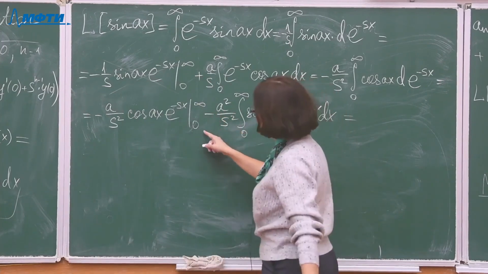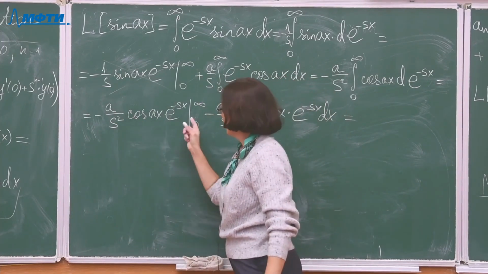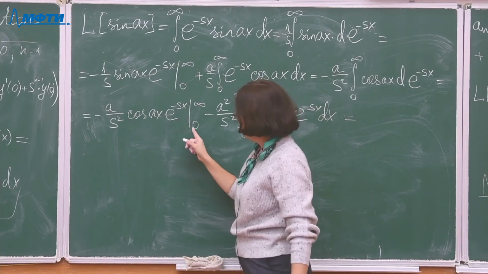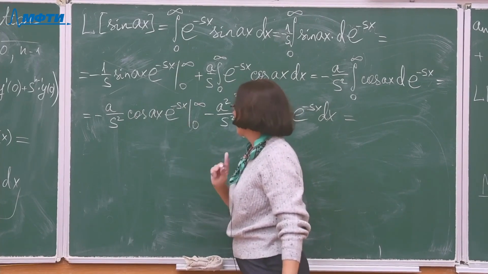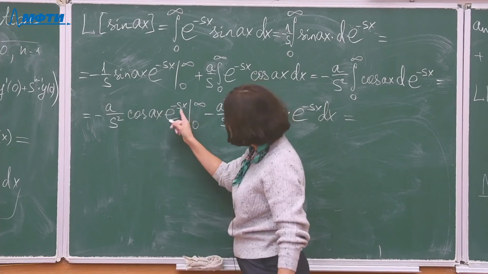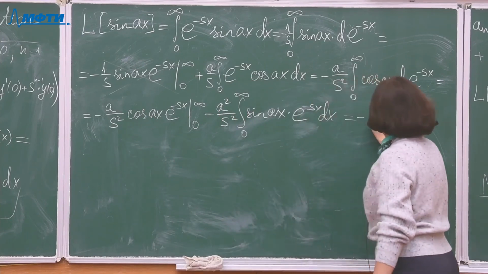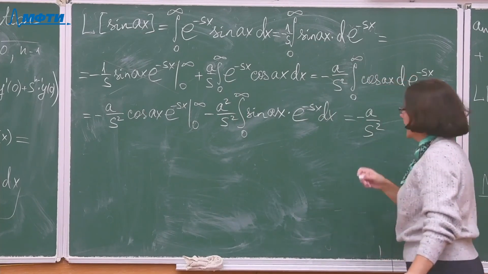Substitute the limits of integration into the formula. On substituting positive infinity, we will get 0. And on substituting 0, here we will get 1. Cos 0 is 1. Minus a, so minus a over s squared.